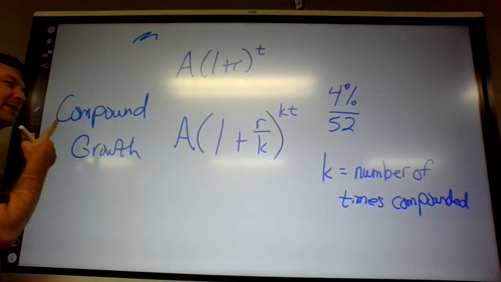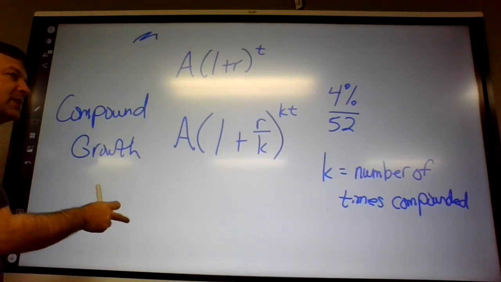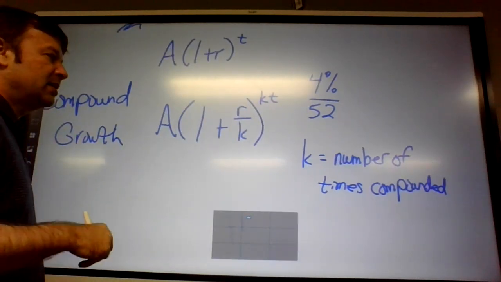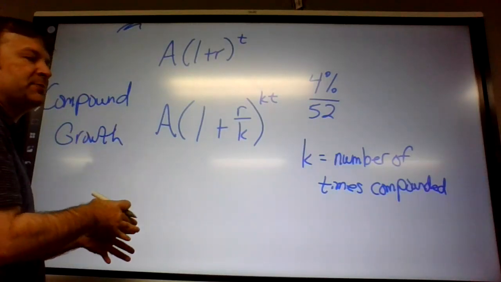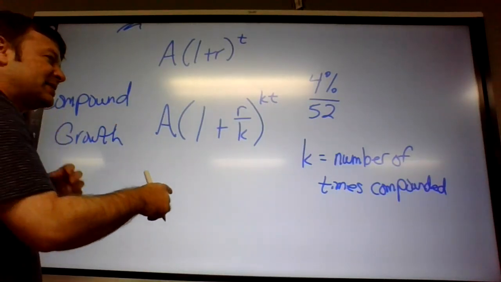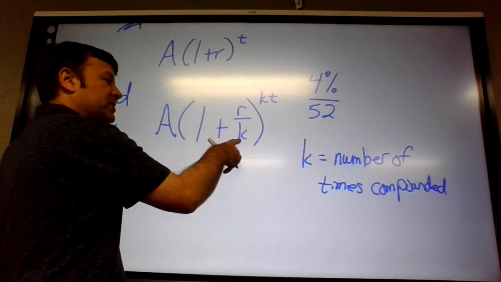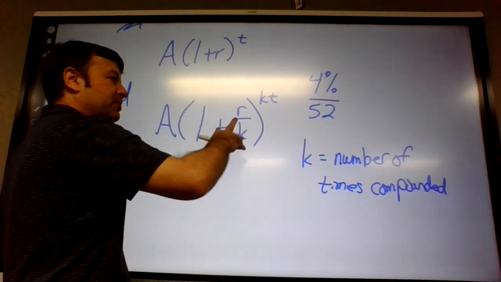Now, it turns out, here's kind of the weird thing. As K gets bigger and bigger and bigger, like 12 times a year, 52 times a year, 365 times a year, as K approaches infinity, this number actually doesn't go up infinitely.